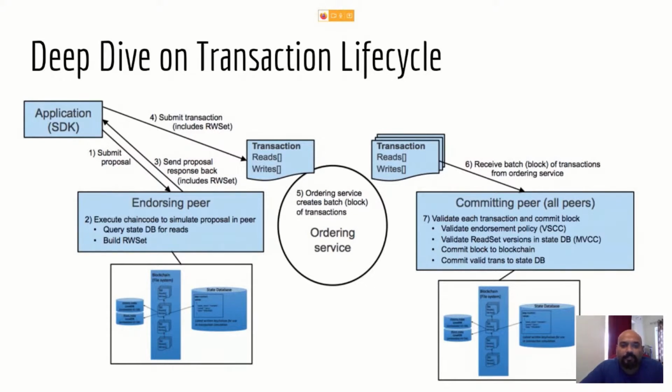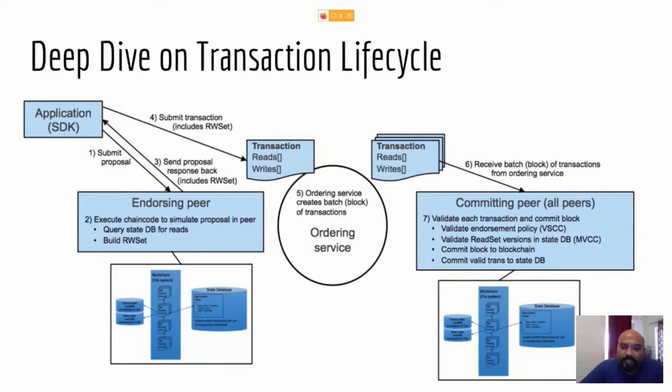And thereafter, once the ordering service creates the batch of transactions, the transactions are committed to all the peers. So what happens in the committing phase is very important. The committing peers receive a batch of transactions from the ordering service, they validate the transactions, and they validate the endorsement policy.